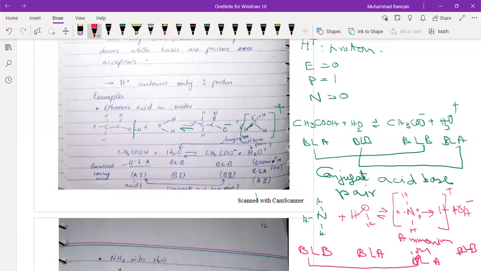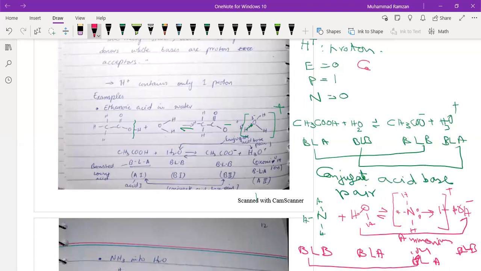And H2O is changing into OH minus, and likewise both species are derived from each other. That's why H2O and OH minus are a conjugate acid-base pair.